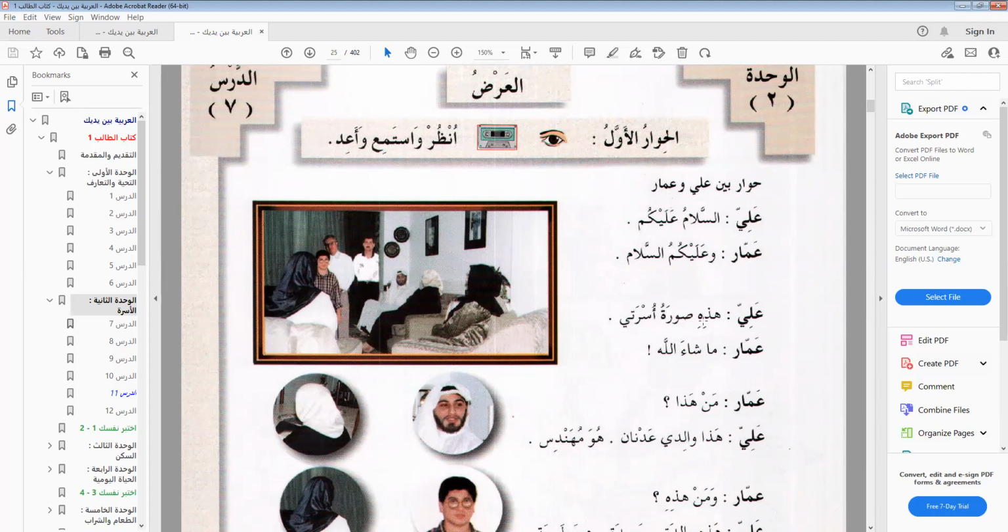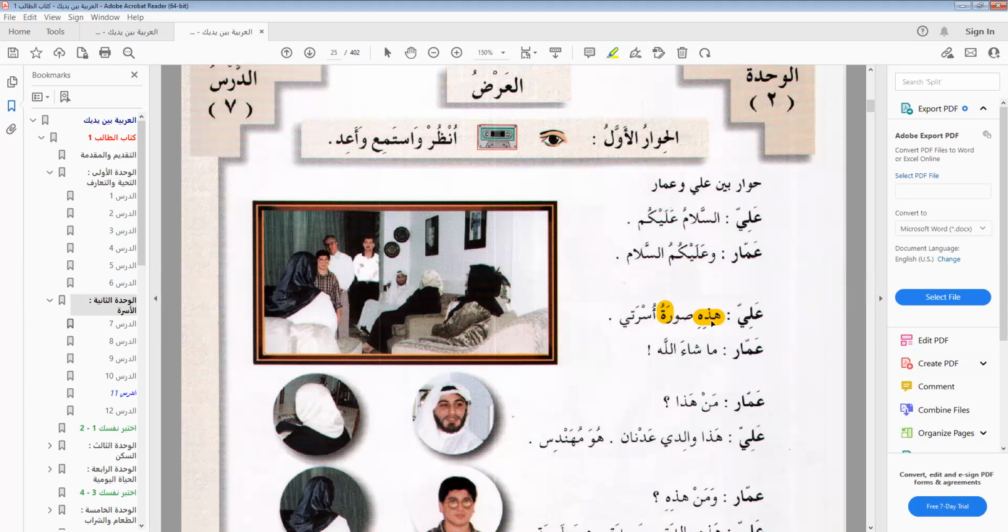Okay, so the emphasis is هذه صورة. When you are using صورة, it has a ta, as you can see. The ta is very clear here. So you have the ta. Surah is feminine, that is why I'm using هذه. We mentioned this in previous classes. When you are using هذه, you are using it with a feminine. هذه صورة أسرتي.